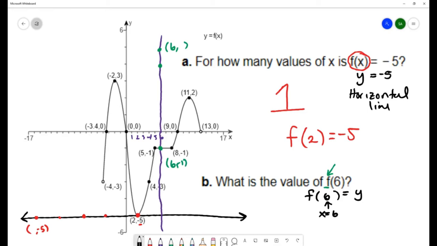So that tells us that f of 6 is -1. The y, and I for whatever reason wrote -5 and said -1. So the y is -1 when x is 6.